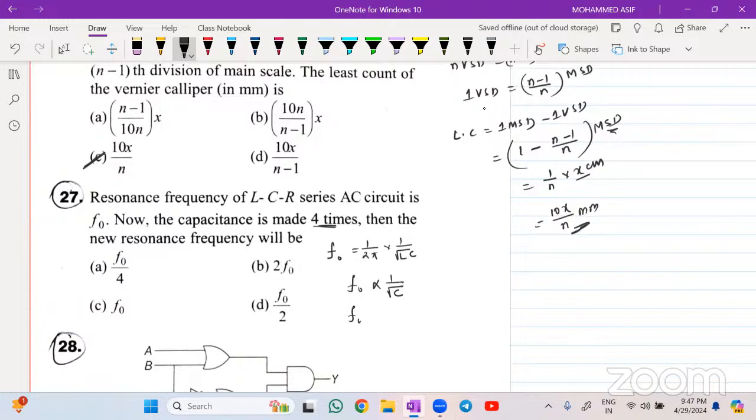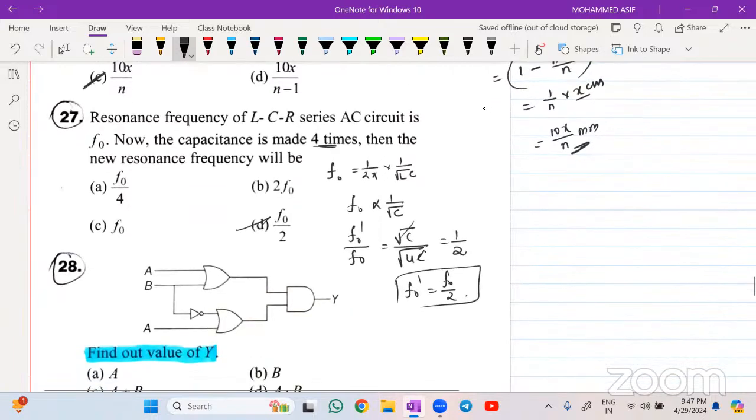So I can write F naught dash divided by F naught is equal to under root of C divided by under root of 4C, because inversely proportional. So root C will go away. So this value will be equal to 1 by 2. So F naught dash will be equal to F naught divided by 2, this will be the answer. Very good question. Clear?